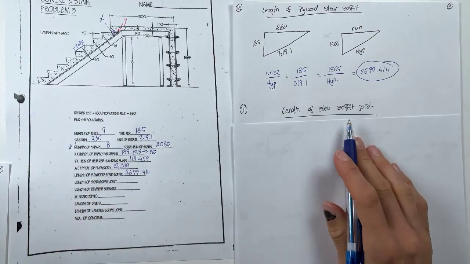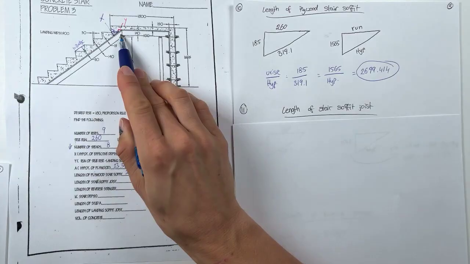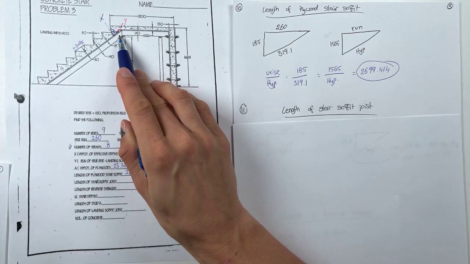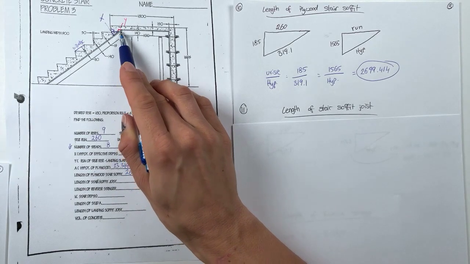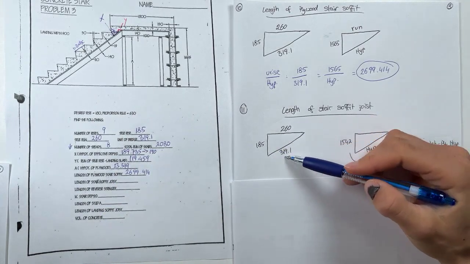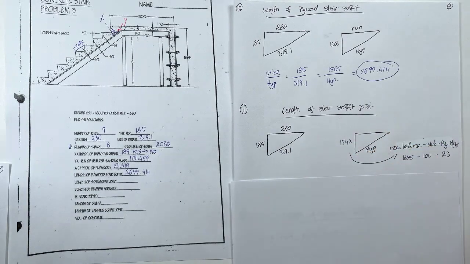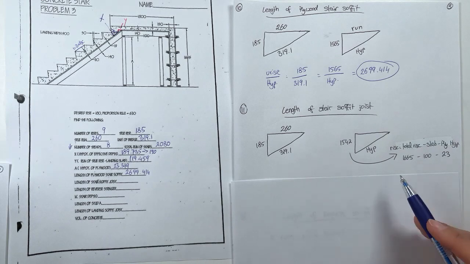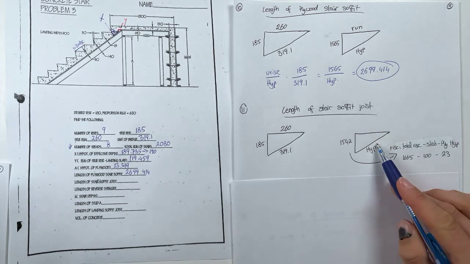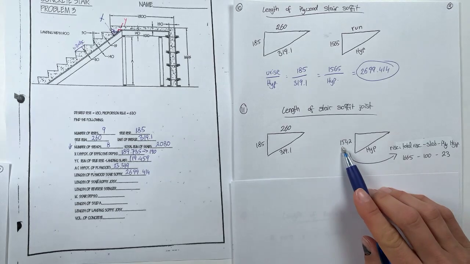The length of the stair soffit joist. Because the joist runs underneath the plywood, it's not going to be the exact same number. It's going to be close, but not quite. So let's see. We're comparing again, unit rise, unit run, unit of bridge. Same as before, same as all the other ones. Now, what do we have over here? We're still trying to find the hypotenuse, and we have to adjust our rise. Why?